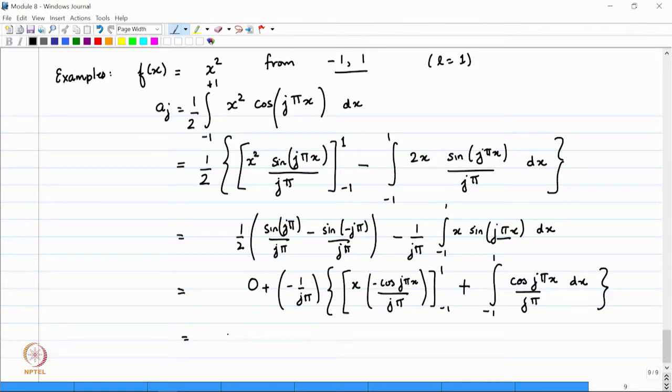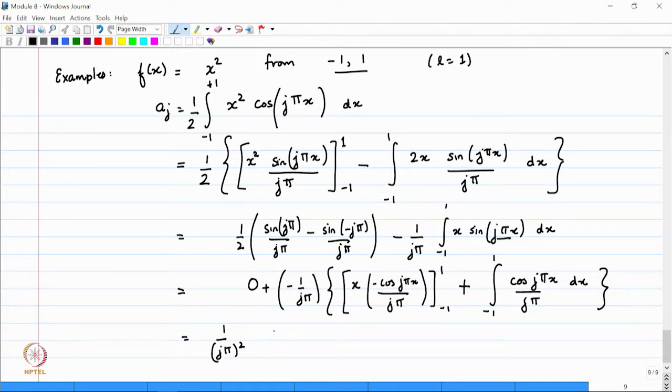I can write this as, now let me take j pi and j pi. So, I have 1 over j pi the whole square, and when x equal to 1, then I have minus cosine of j pi.